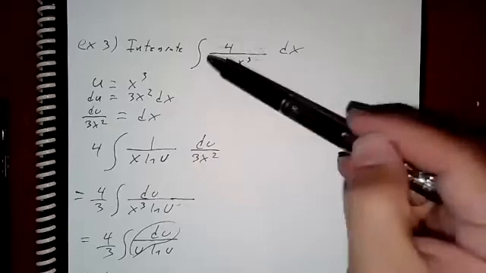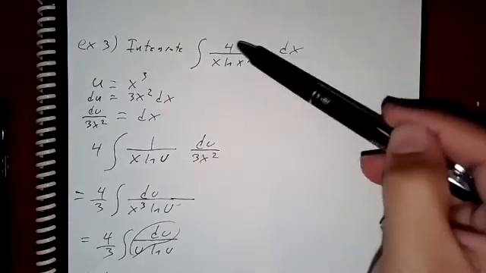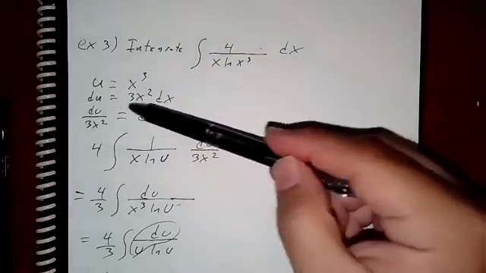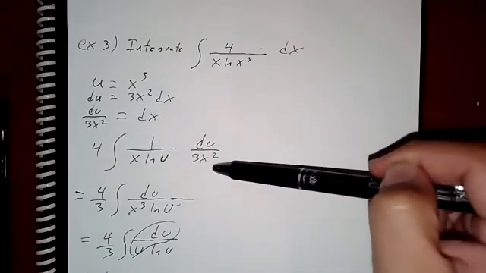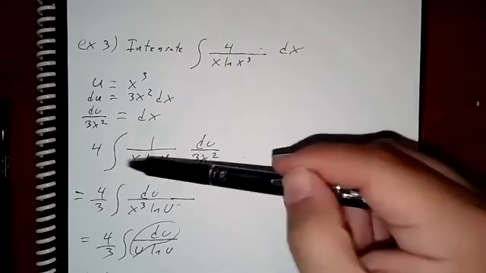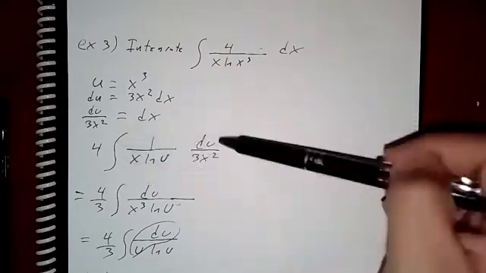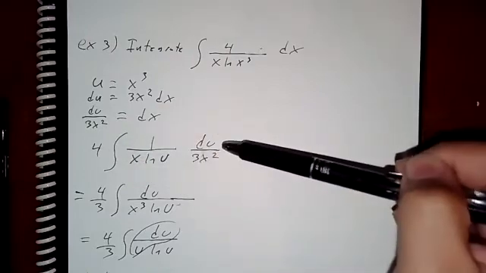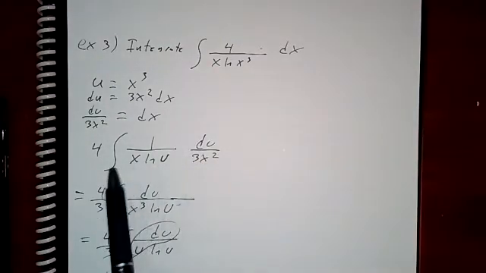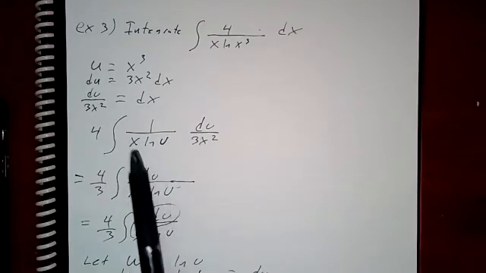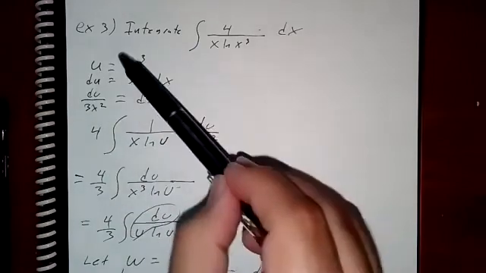Then I noticed I didn't have a 3x squared on top, so I had to divide it out. So I'm replacing dx with du over 3x squared, but I should not have any x's. So this is a problem. That's why I had to do another substitution. But then I noticed that once I multiply this out, I could get everything in terms of u, because I had an x cubed, which is the u, right?